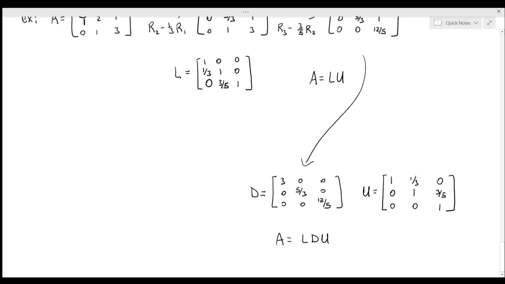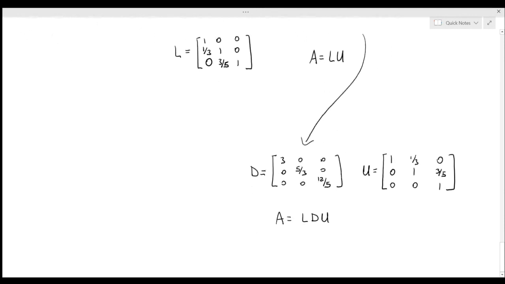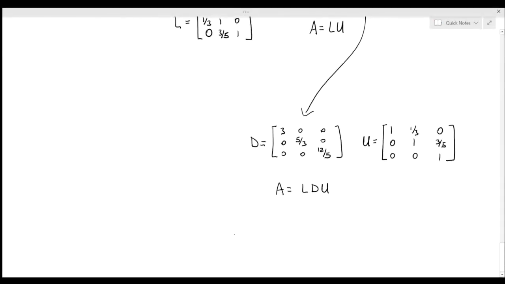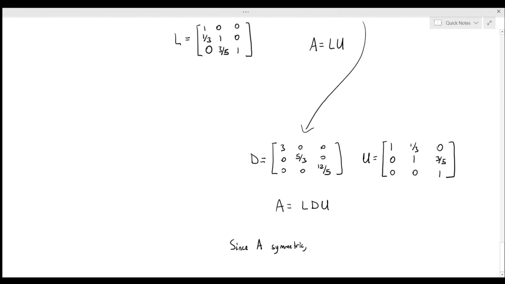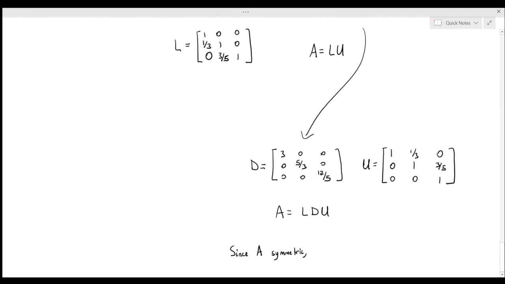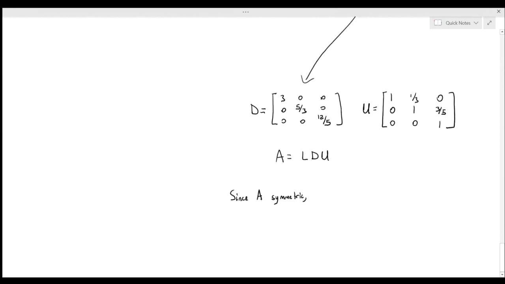And because our matrix A was a symmetric matrix, notice that the matrices L and U happen to be transposes of each other.